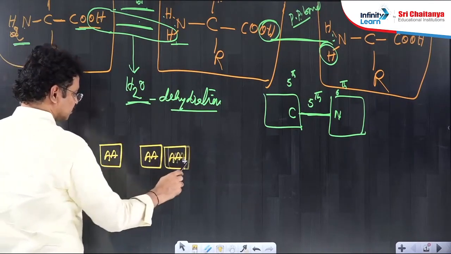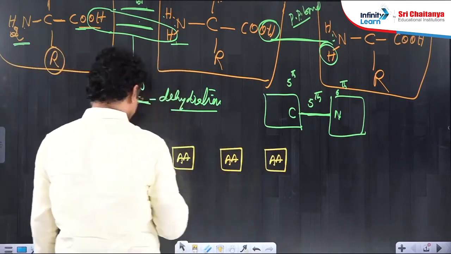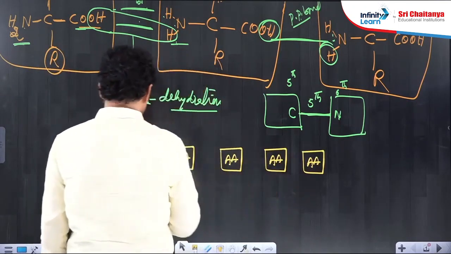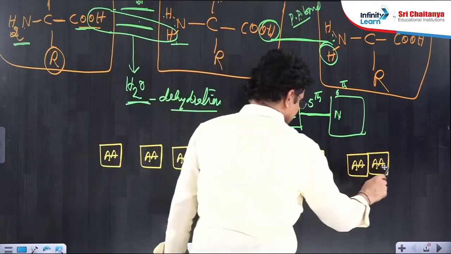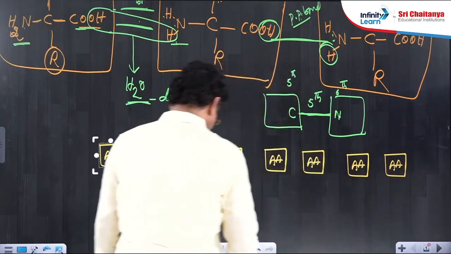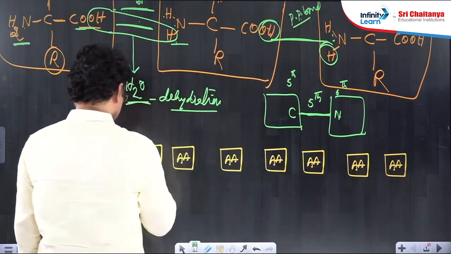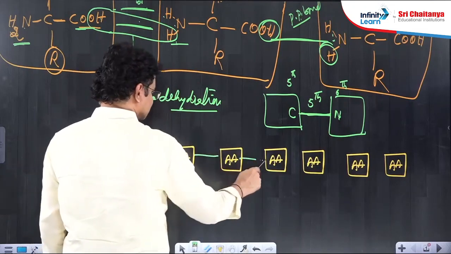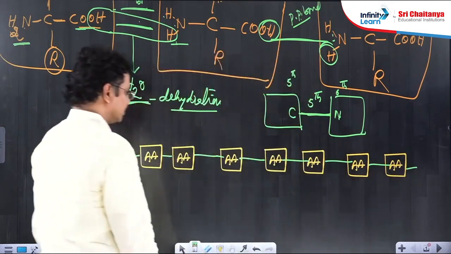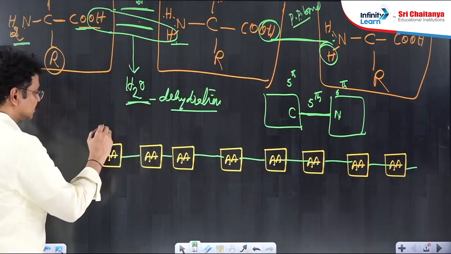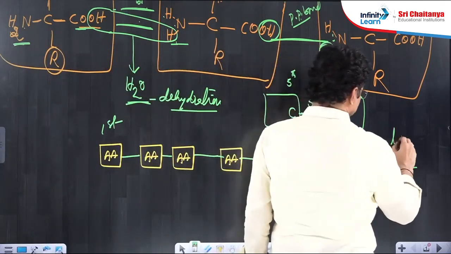Amino acids number 2, 3, 4, 5, 6, up to thousands or lakhs of amino acids are linked with one another by forming peptide bonds. Finally, this long chain polymer of amino acids is known as a polypeptide chain. This is the first amino acid. It is the last amino acid.